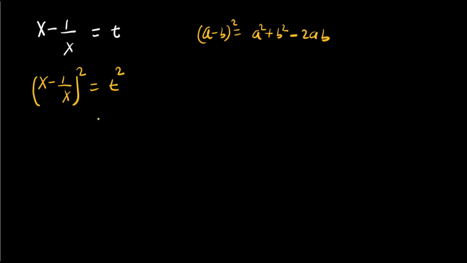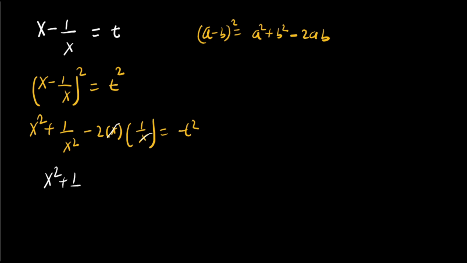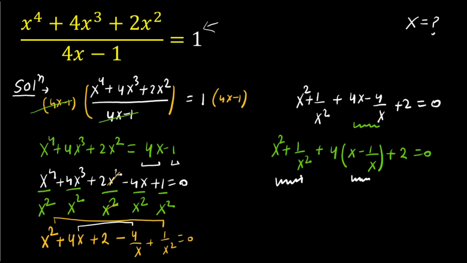If we apply this rule here, then x² + 1 over x² minus 2 times a, that is x, and b, that is 1 over x, equals t². Then the x and x cancel out, so x² + 1 over x² minus 2 equals t². Taking it to the right-hand side, this is plus 2, so t² + 2.